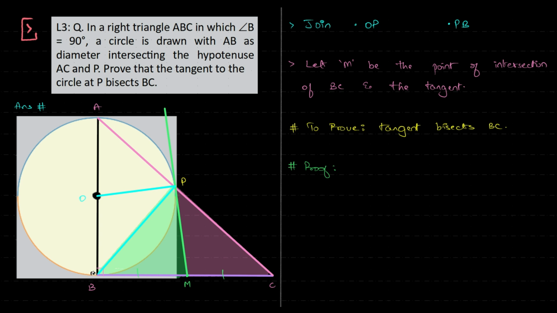But both these triangles have one thing in common: PM. So if I relate BM to be equal to PM, and PM to be equal to MC, I am done. How will we relate this? They look like isosceles triangles, so it has to do with angles.